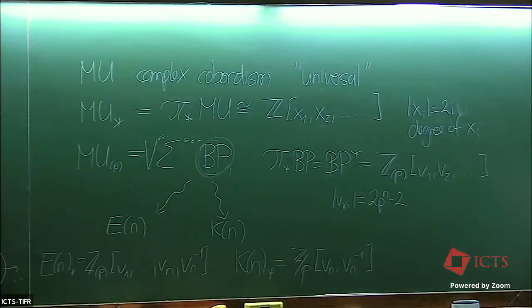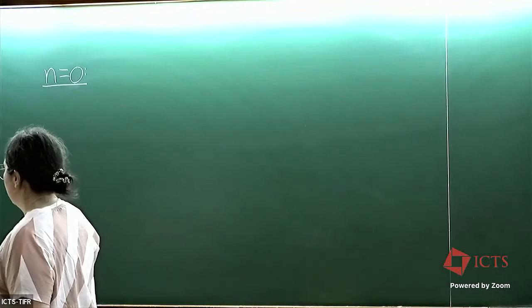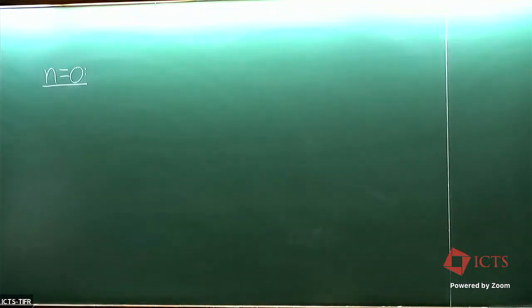So what about n equals 0? It's always just good to start at n equals 0, isn't it? Start with the smallest possible version of it. Well, now if you're looking at that, what would that even be if you picked n equals 0?